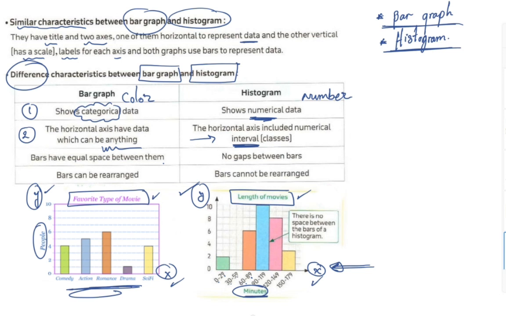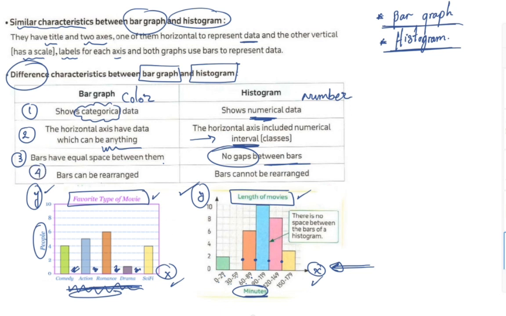Number three, bars have equal space between them. Here I leave space between each bar, equal space. But in a histogram there are no gaps between bars; each bar is beside the next one.